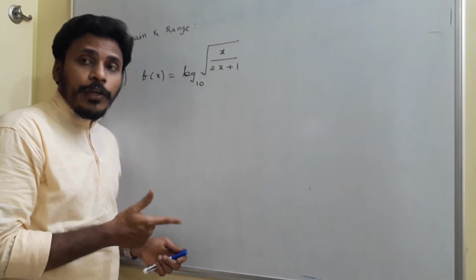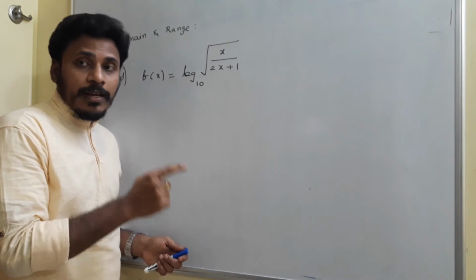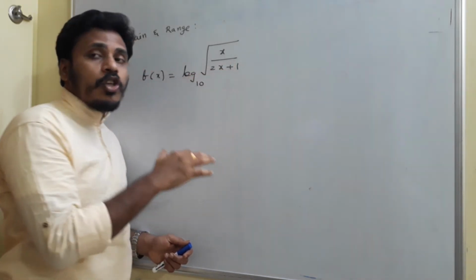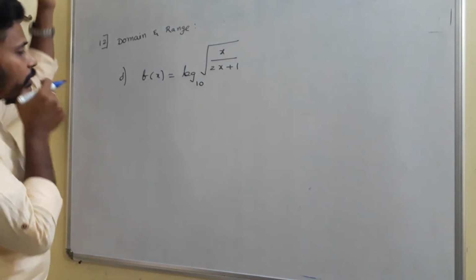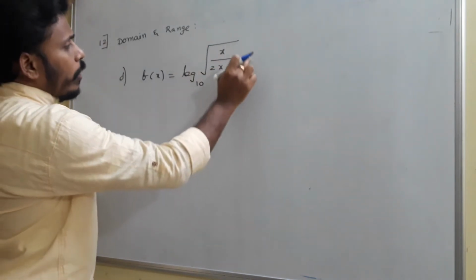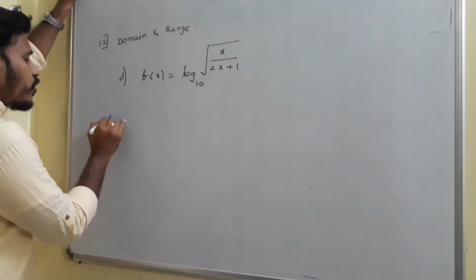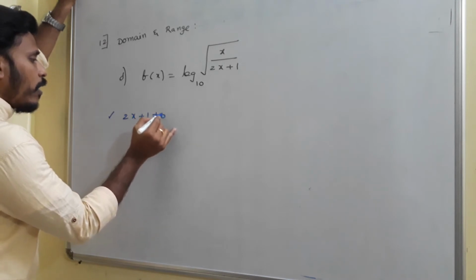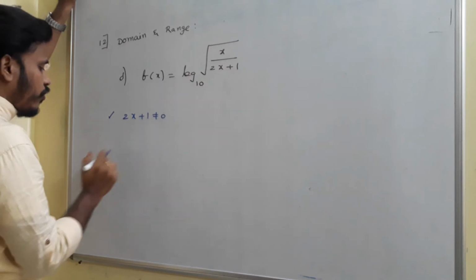In another way, you need to eliminate those values of x from the real numbers where this logarithm, square root and fraction do not exist. First, when you think about x by (2x plus 1), the denominator must be non-zero. So one restriction is clearly that 2x plus 1 is non-zero, since the fraction exists only with this restriction.